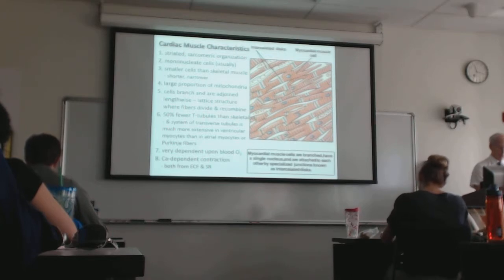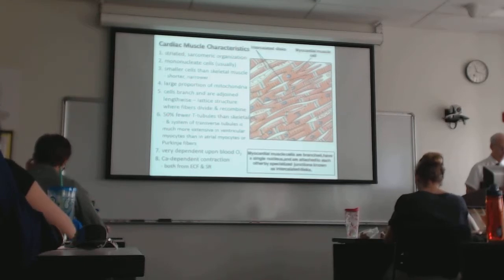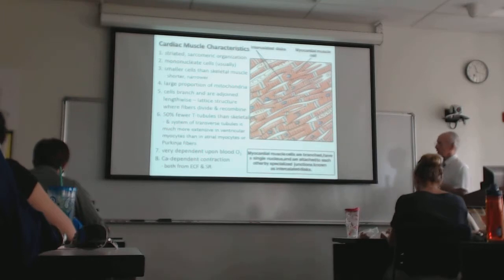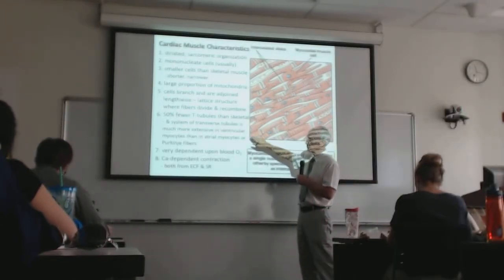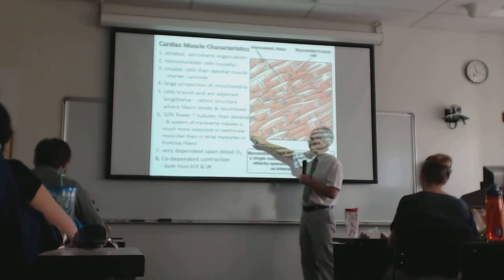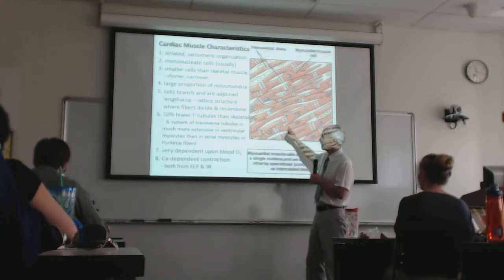There's a much lower abundance of transverse tubules than in skeletal muscle. And we'll talk about some of the consequences of that as we talk about the action potential. And of course, functionally, physiologically, the energy demands of cardiac muscle are much greater than skeletal muscle because this can't take a break.